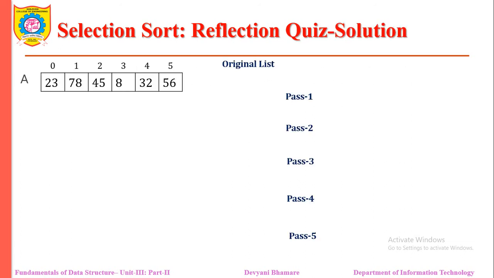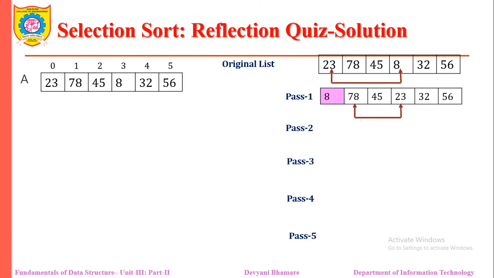Right. Here we have the original list, which consists of a total of 6 elements. Then we are identifying which one is the first minimum element, which is 8. Then 8 is swapped with 23. So our current is pointing to 78, and temp is pointing from 45 onwards. Then we are comparing which one is the smallest element.